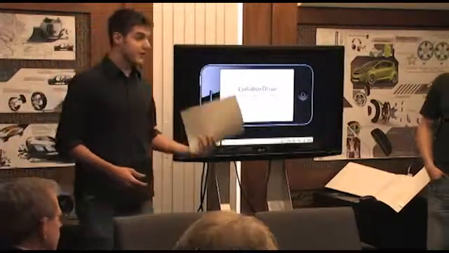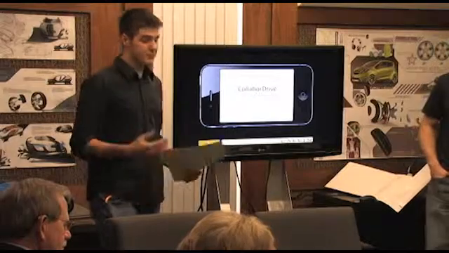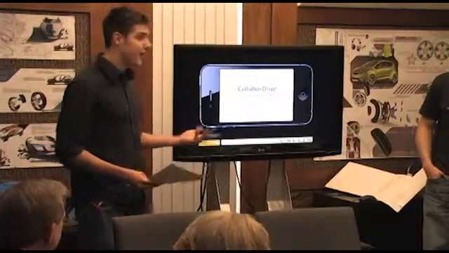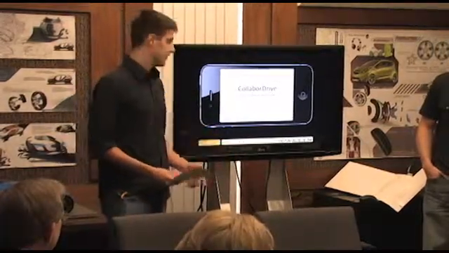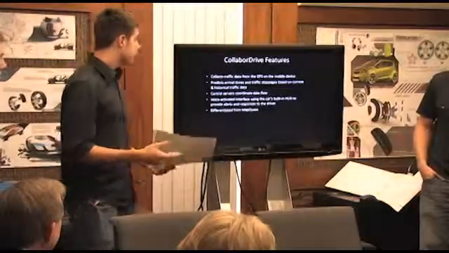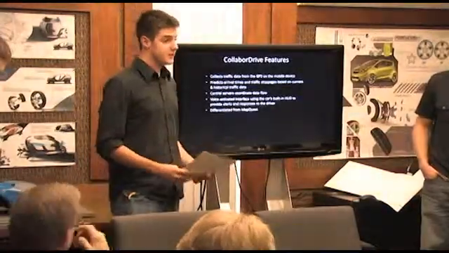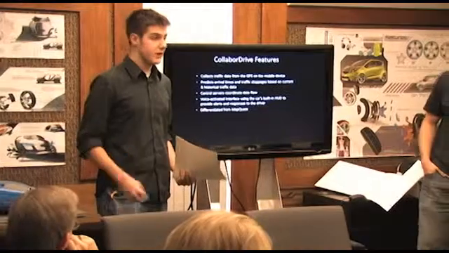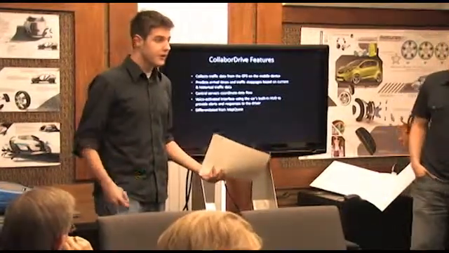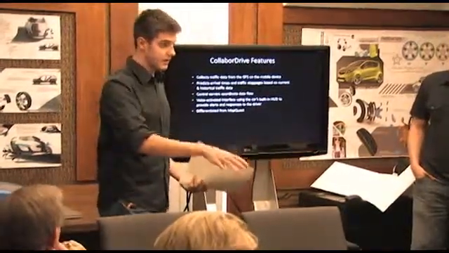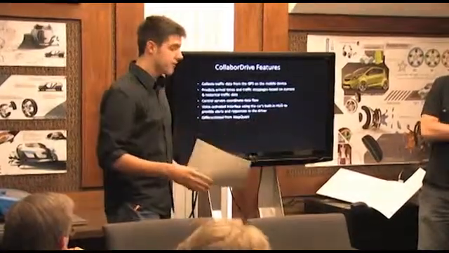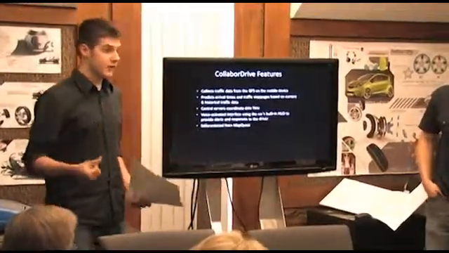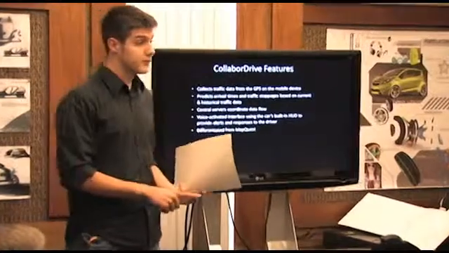Now, CollaboraDrive is a second application that we're proposing to be developed, and it relies heavily on this increased voice recognition. Next slide. What this application does is collect GPS data while you're driving in your car. When you have your phone synced to your car, it'll start collecting GPS data of where you are and how long it took you to get there.